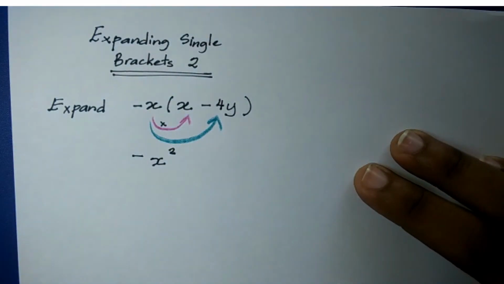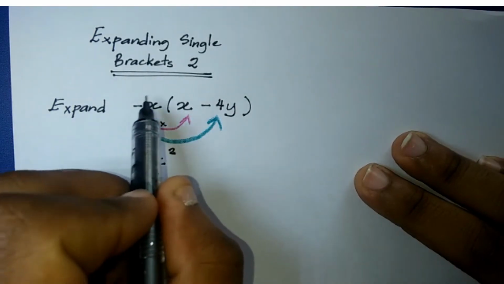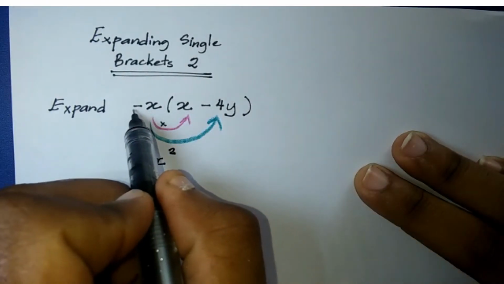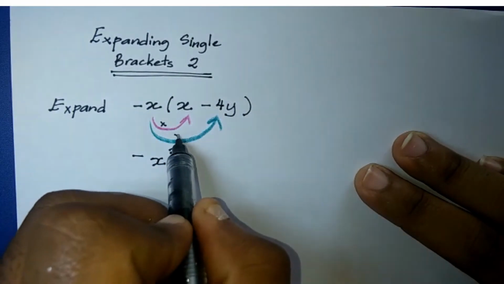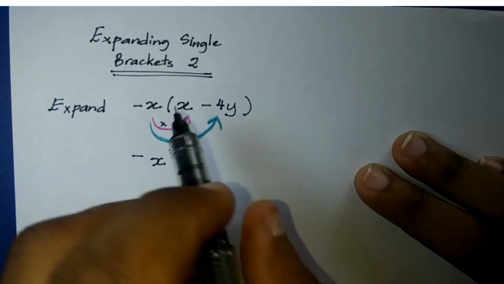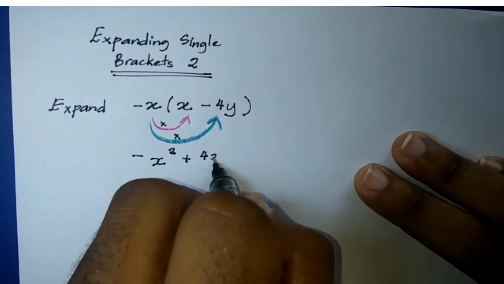We call it an index or a power. Am I finished? No, I only multiplied here. I need to multiply this minus x by this minus 4y. So negative times negative will give me a positive. Good. And x times 4y will give me 4xy.